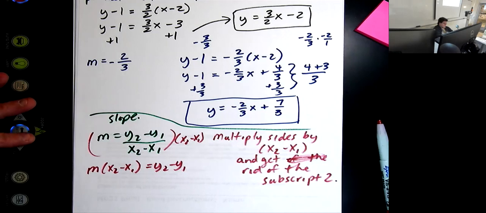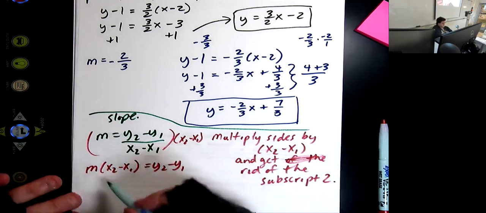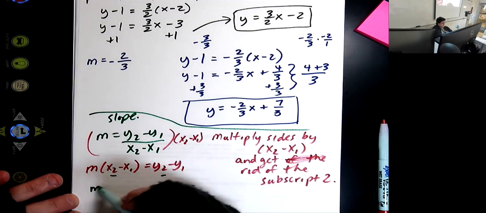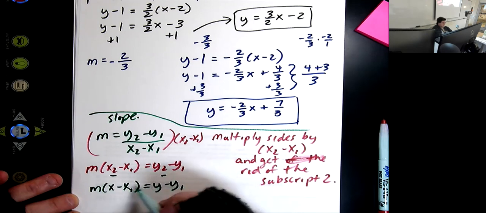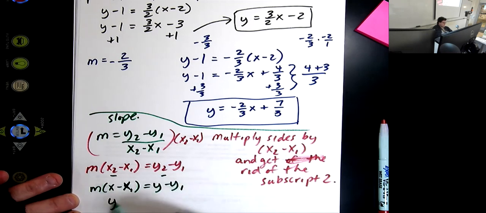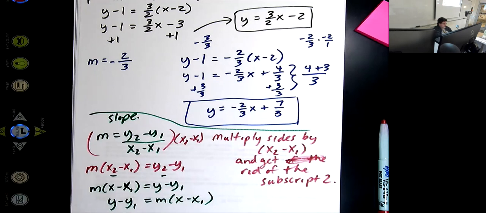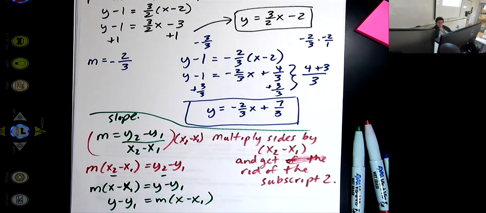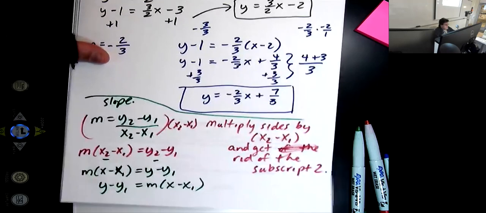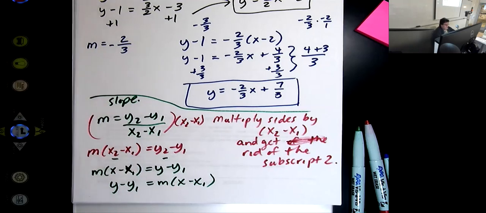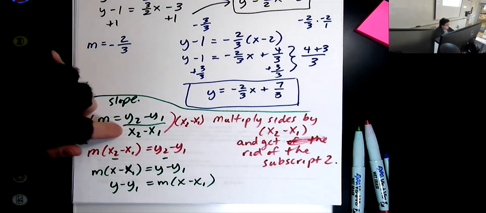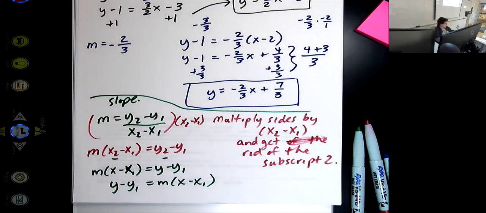And then if I just drop the subscripts for the 2's, I get m times x minus x1 equals y minus y1. Which is the same thing if you switch the sides. So this really comes from the equation of the slope. You don't need to have that memorized, but it does help you make that formula if you have a problem memorizing that one. Most people do this one pretty quick because it follows a pattern. And humans like patterns.